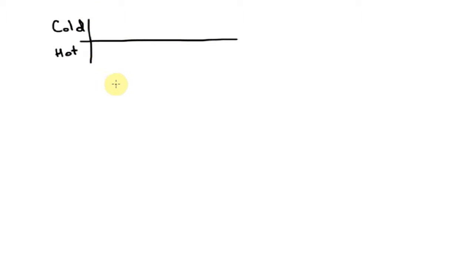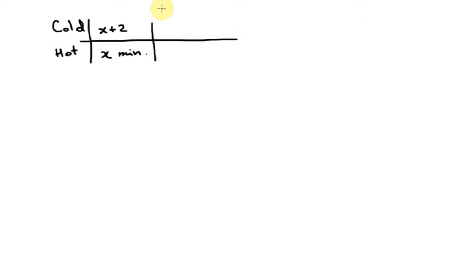So first things first, we're told that the hot water is a little bit faster at filling the tub than the cold water. So to avoid negatives, I'm going to say that it takes X minutes for the hot water tap to fill the tub, and that means the cold water needs X plus 2 minutes to fill. Okay, so that's the time needed to fill the tub.